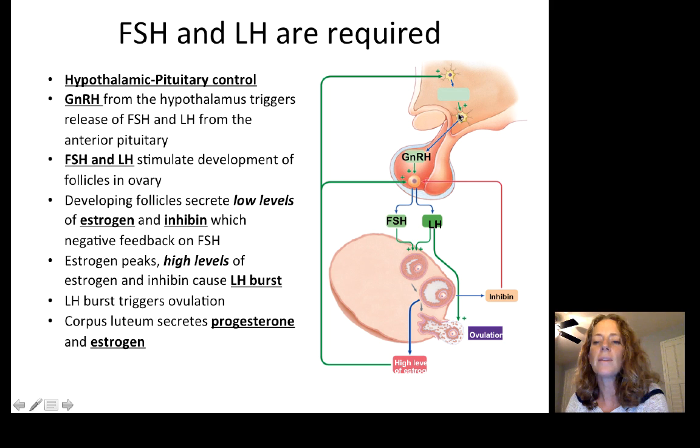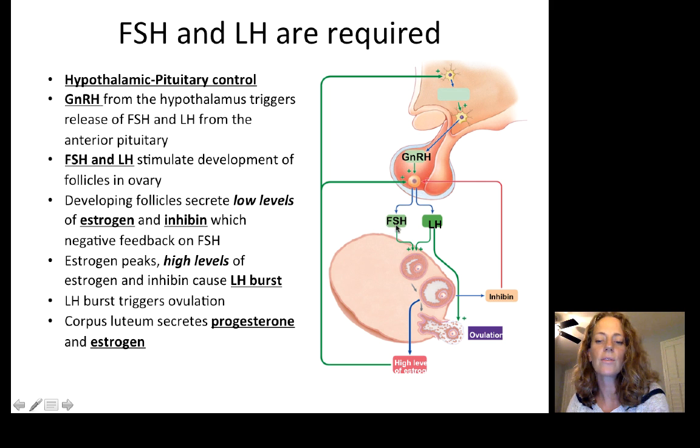The hypothalamus secretes the releasing hormone, gonadotropin releasing hormone. That will trigger the anterior pituitary to secrete LH and FSH. Follicle stimulating hormone, or FSH, triggers the follicles to mature because they stimulate follicles.